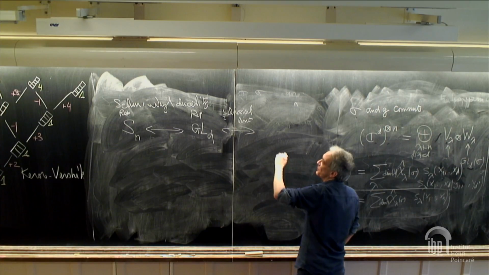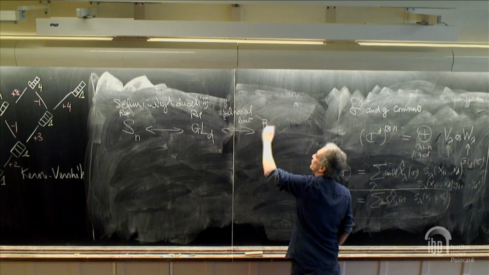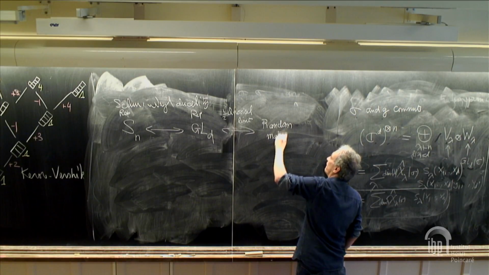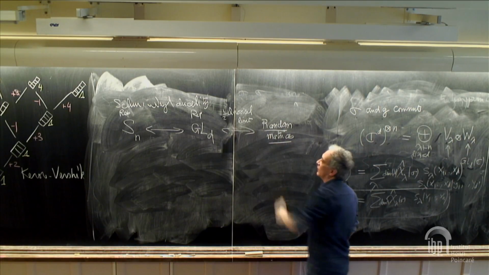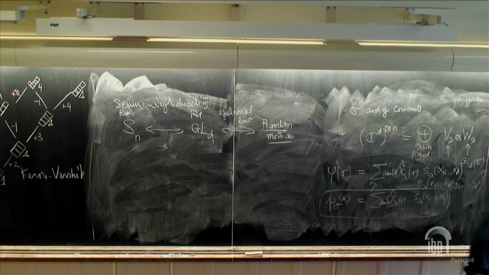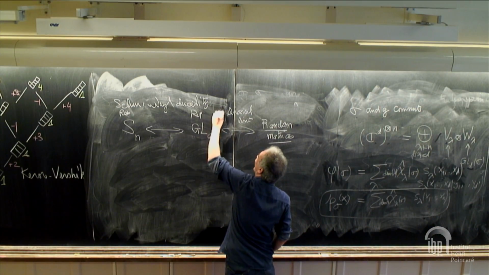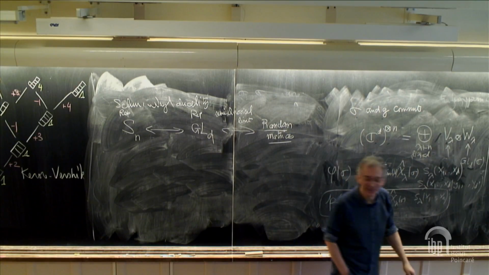And this semi-classical limit, in some sense, is a theory of random matrices, or some part of it. I will explain that. Semi is not really a half. Semi-classical, okay. Yeah, you're right, it's not half classical.